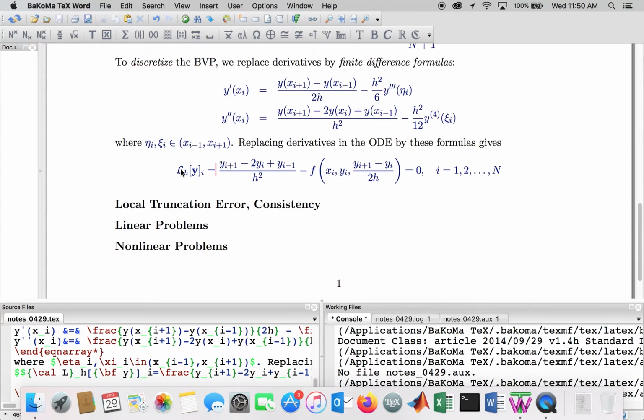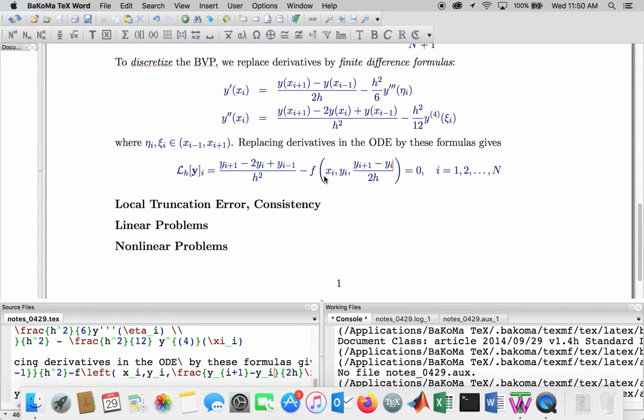So LH of y is an operator applied to the vector y that computes this expression for each component, for each i, using the values in y.